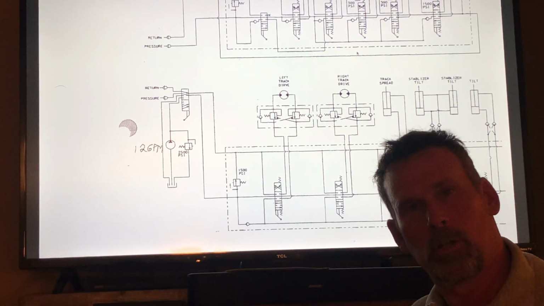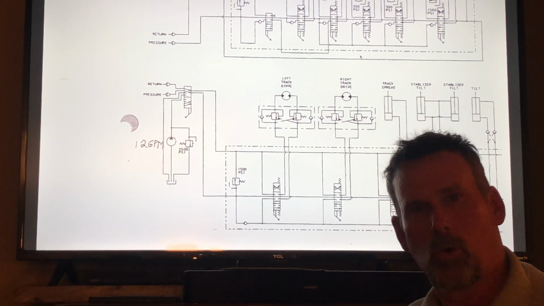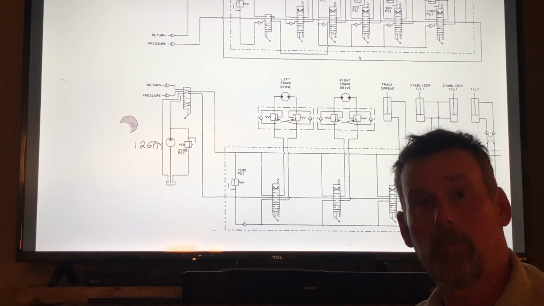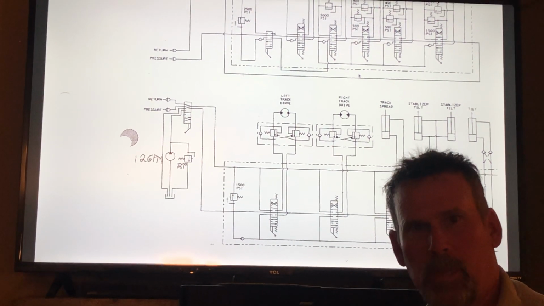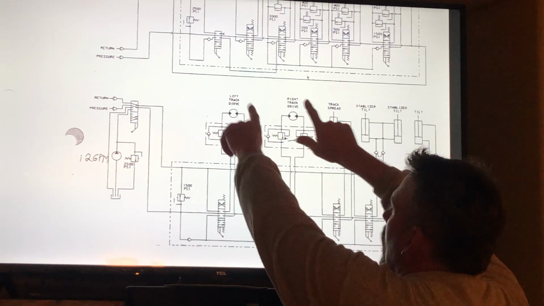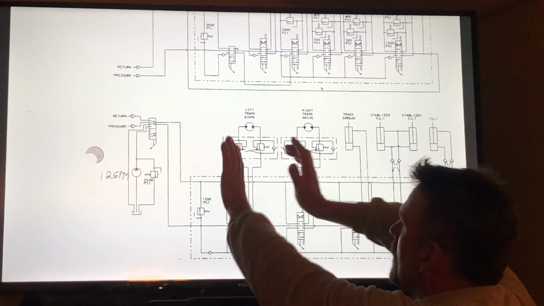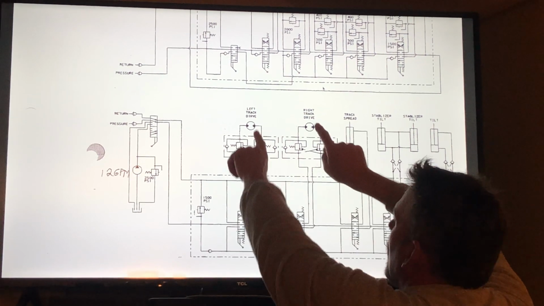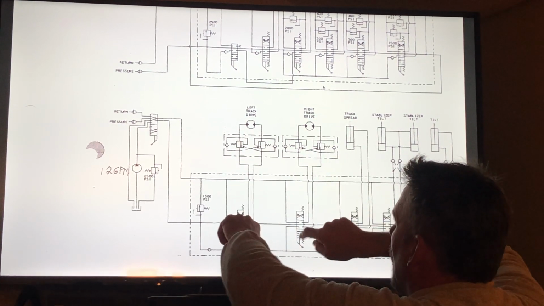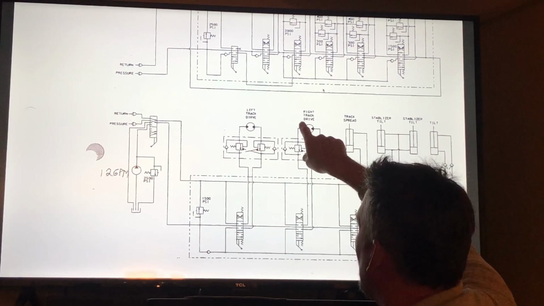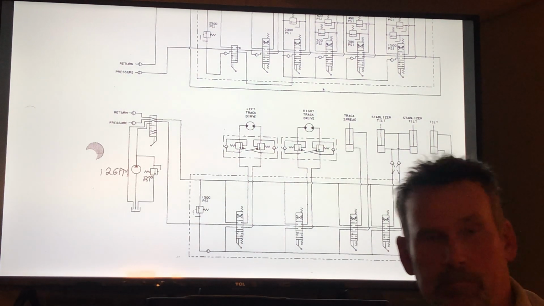But we had to build up oil pressure in order to open that counterbalance valve and allow us to move. Okay, so we're driving straight ahead. We've got this pilot pressure here that's holding the valves open and allowing us a return flow path back to tank. And that's allowing the motors to turn.